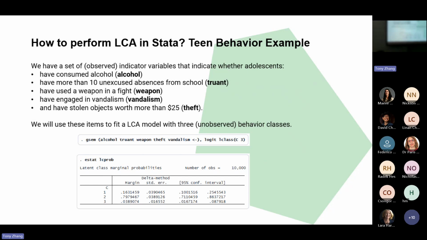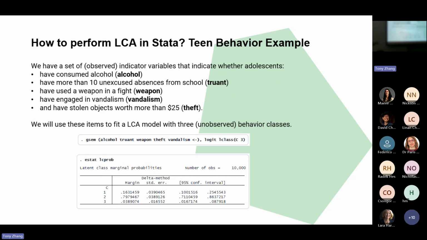Imagine we have a set of 5 binary indicator variables that indicate whether the adolescents have consumed alcohol, have had more than 10 unexcused absences from school, have used a weapon in a fight, have engaged in vandalism, and have stolen objects. Here we are fitting a latent class model with 3 latent classes using the GSEM function. GSEM stands for generalized structural equation models.